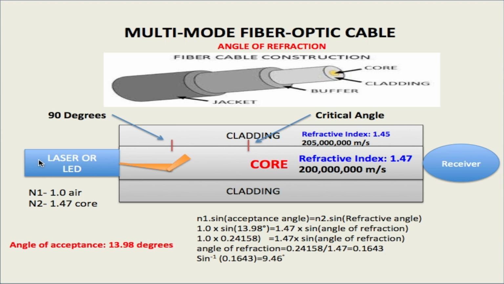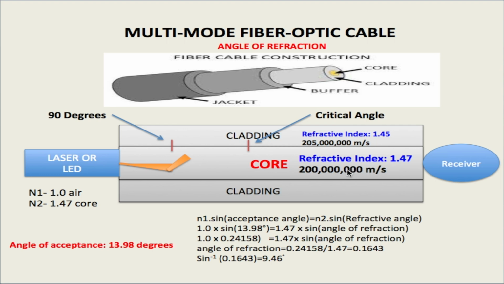Light from a laser or LED has a refractive index of 1.0, and that light is entering into the core, which is glass, which has a refractive index of 1.47. It's like a change in resistance. You have free space out here, so the light travels faster, at 300 million meters per second. In here, it's about 200 million meters per second.